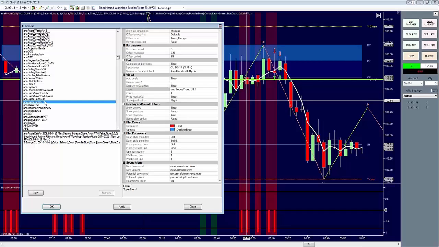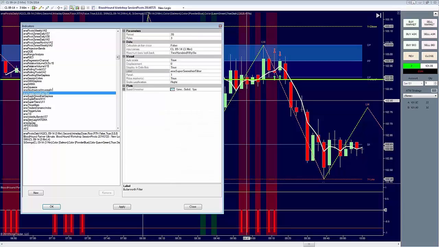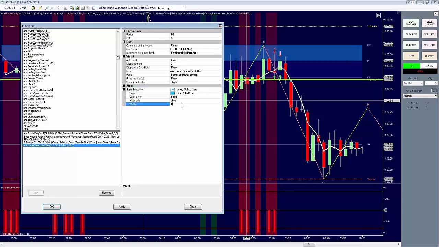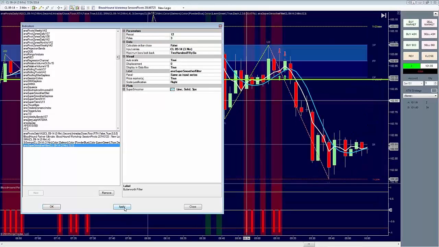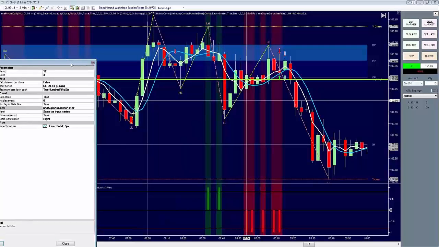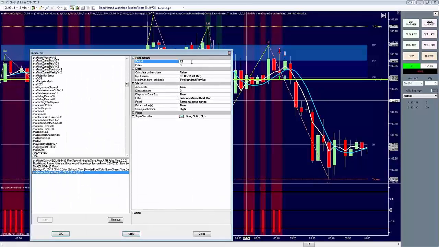When you upload this, it comes with several different moving averages. This is one of them right here, this A&A super smoother filter. So I'm going to add that now. Let's set this to a period of, say, 3. And then, we'll say period of 12. Let me add that to the chart now. Let's change it back to 10.